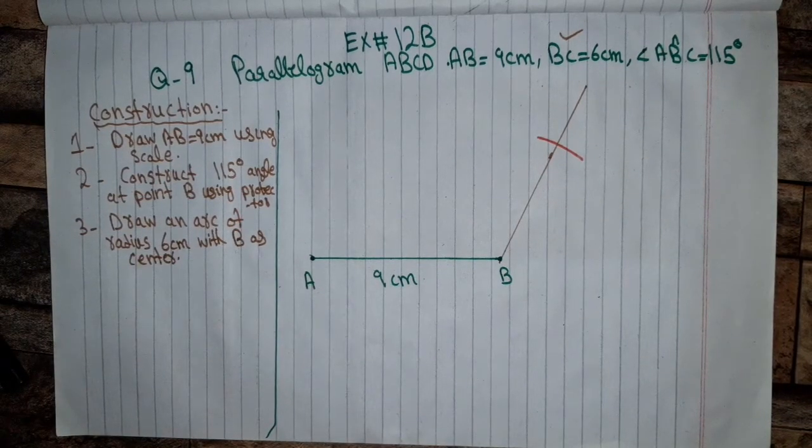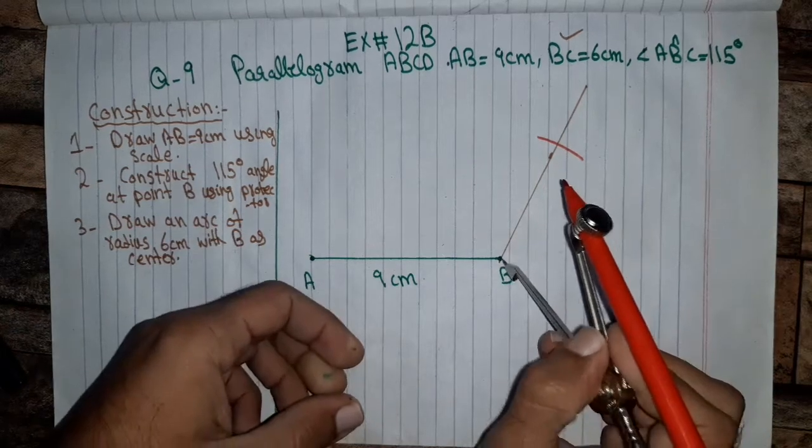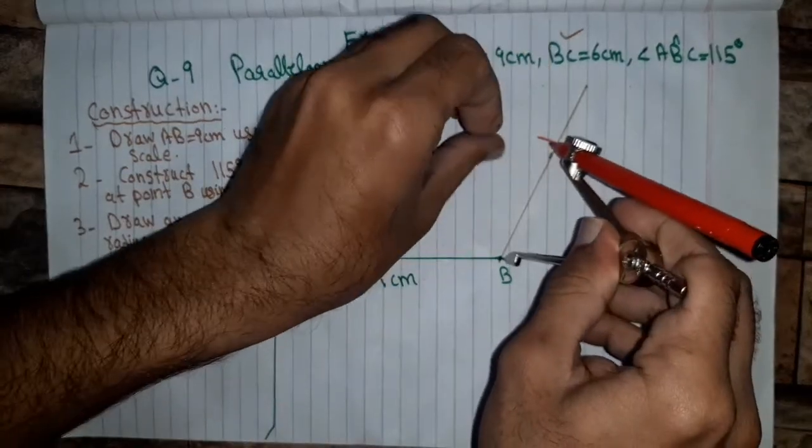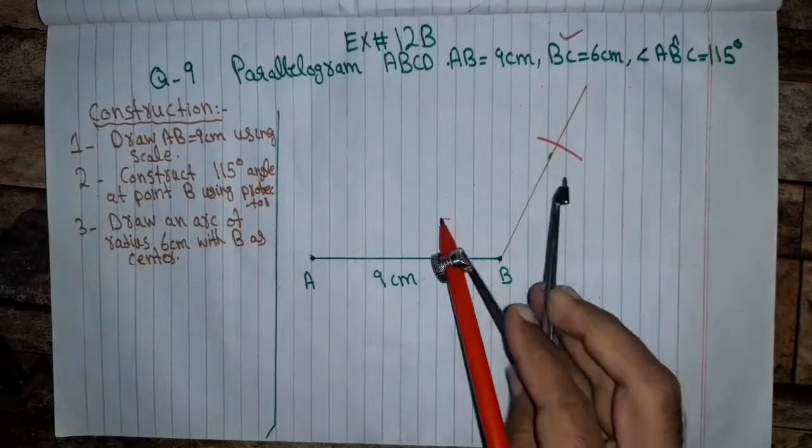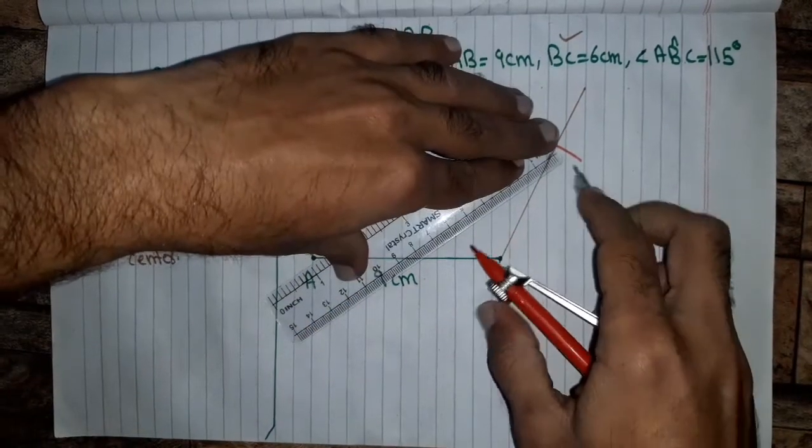Okay, so now we will draw an arc of radius 6 centimeter again.